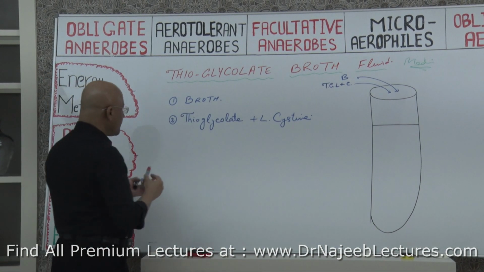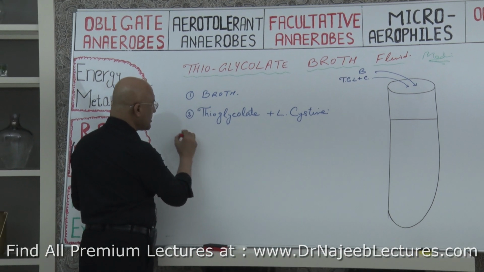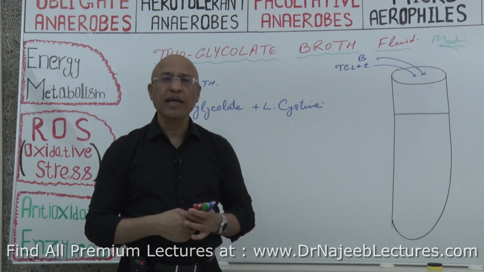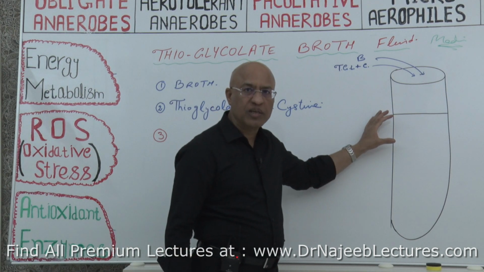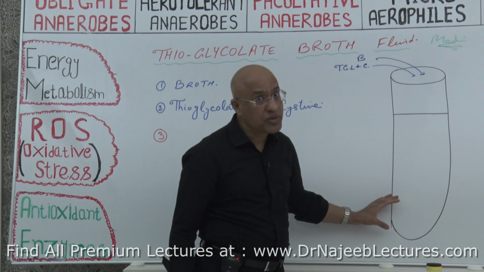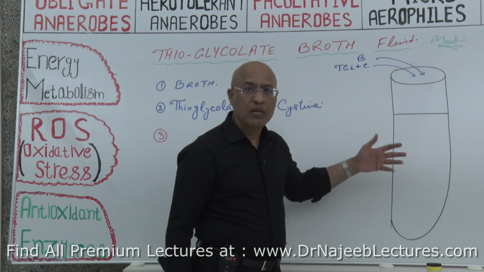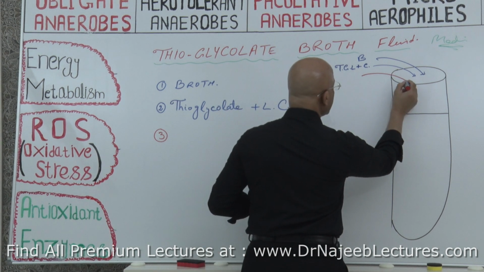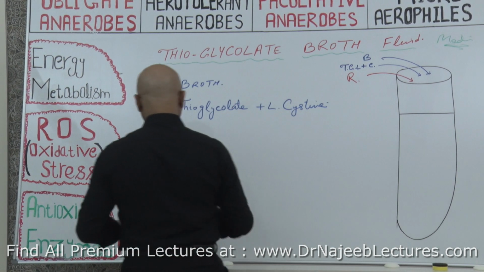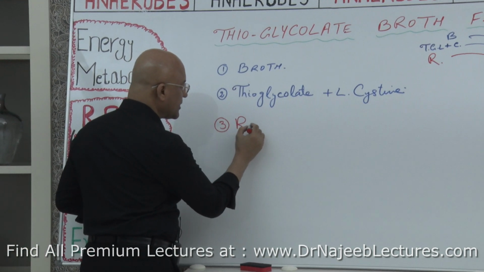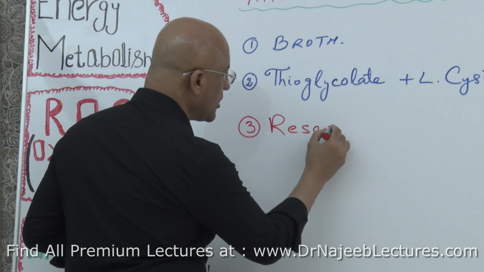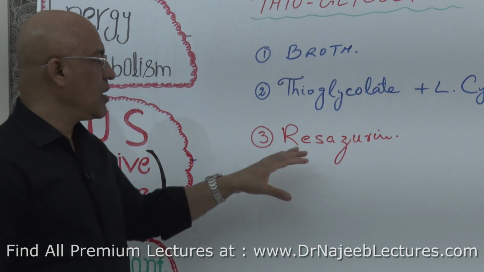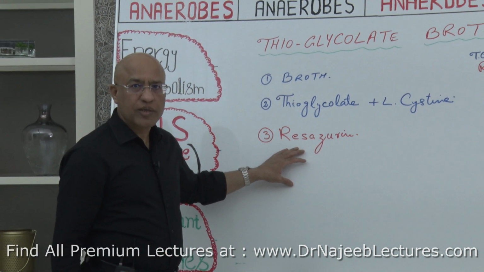The third thing is that we should add another thing, and that is an oxygen indicator, because we should know what are the areas in the tube which are still having some oxygen, and what are the areas which do not have oxygen at all, and what are the areas which have a slightly moderate amount of oxygen. For that purpose, we add a special type of indicator, that is resazurin. So resazurin is an oxygen indicator.